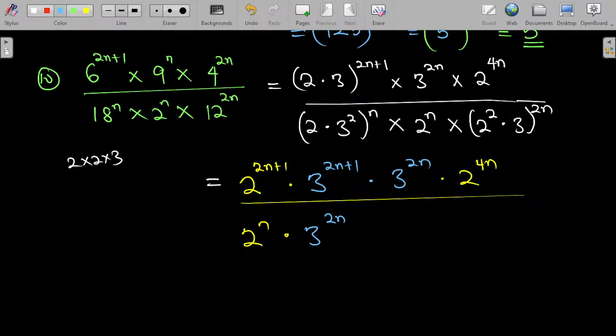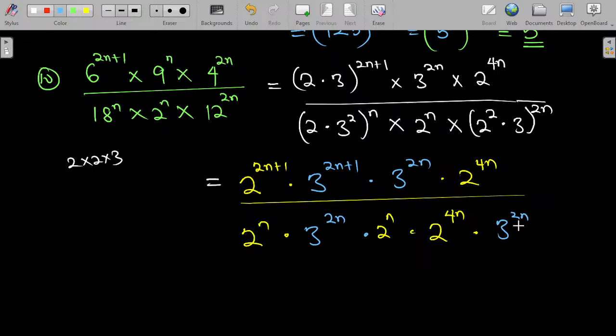Then multiplied by 2 to the power of n. Now you open up this bracket, there is 2 to the power of 2, so the already existing power will multiply this one, and you have 2 to the power of 4n. Then finally multiplied by 3. The power there is 1, so it will just be 3 to the power of 2n.